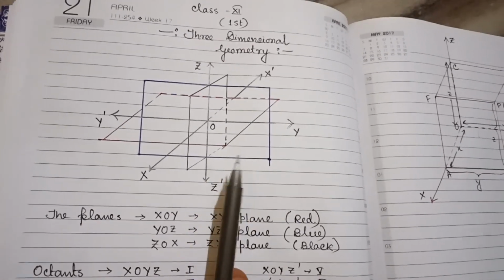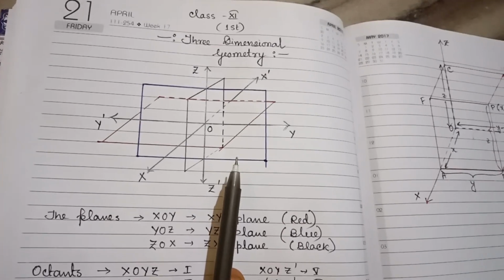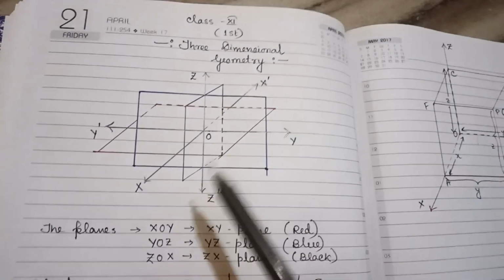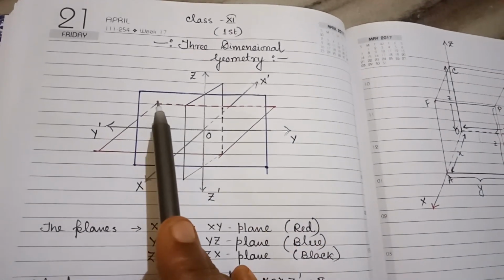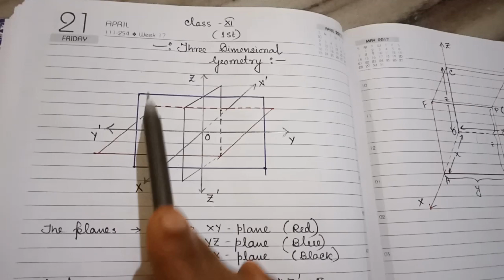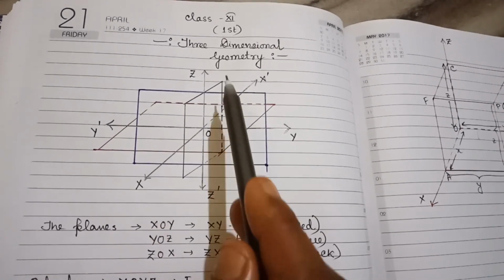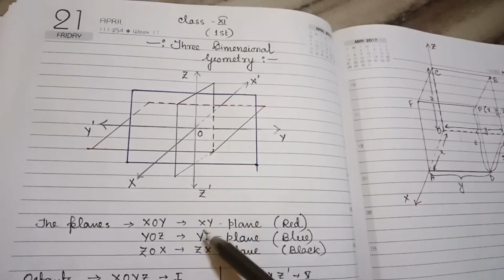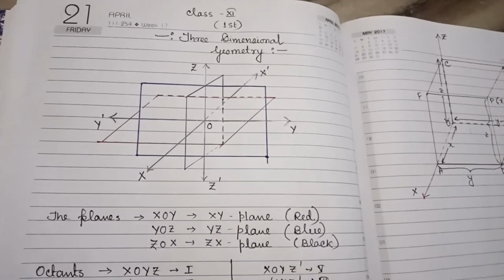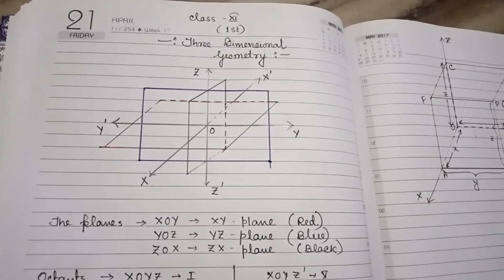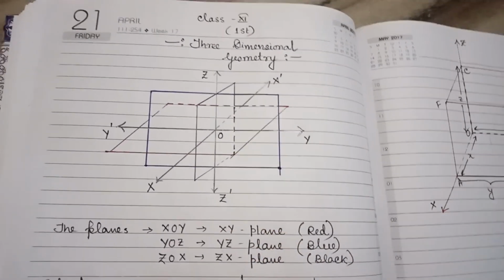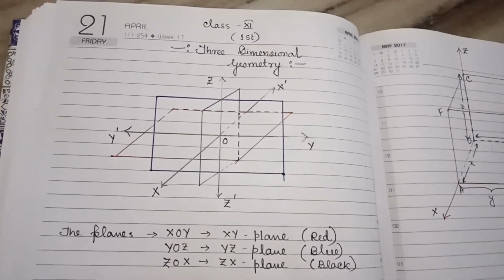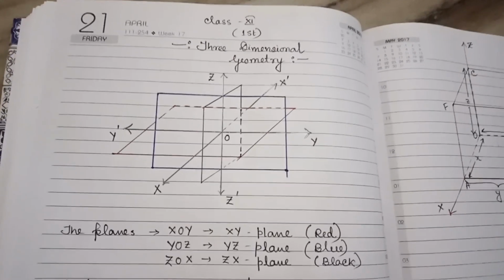Now if you can imagine this figure in reality, you will understand that above this red plane there are four spaces, and under the red plane there are also four spaces. That means these three axes divide the whole space into 8 different portions.